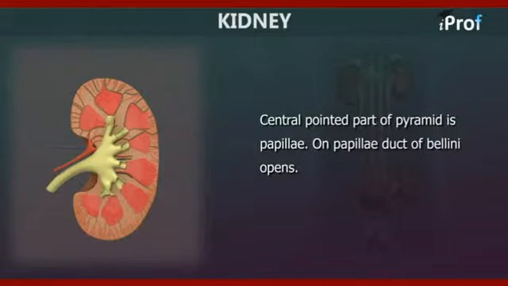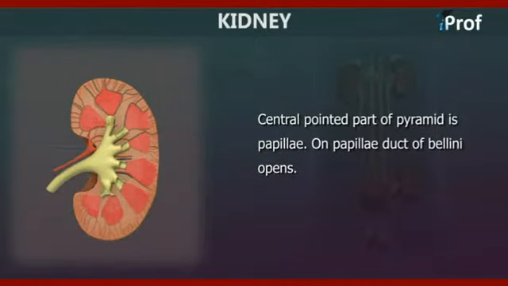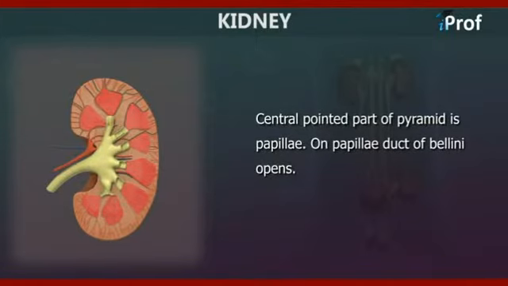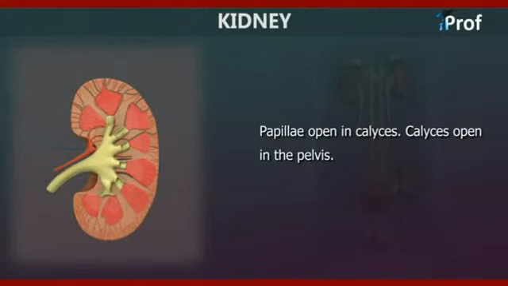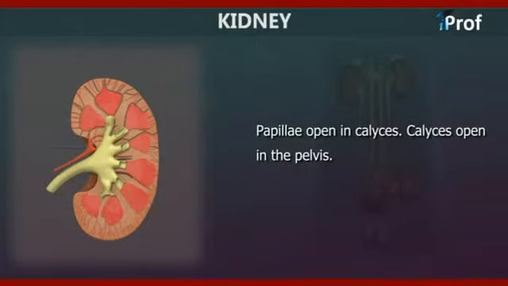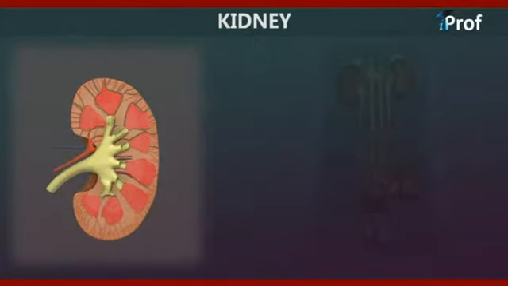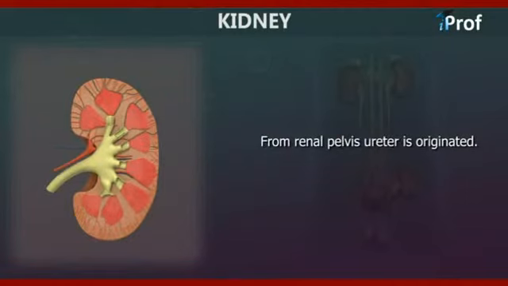Central pointed part of pyramid is papillae. On papillae, duct of Bellini opens. Papillae open in calyx and calyx open in the pelvis. From renal pelvis, ureter is originated.